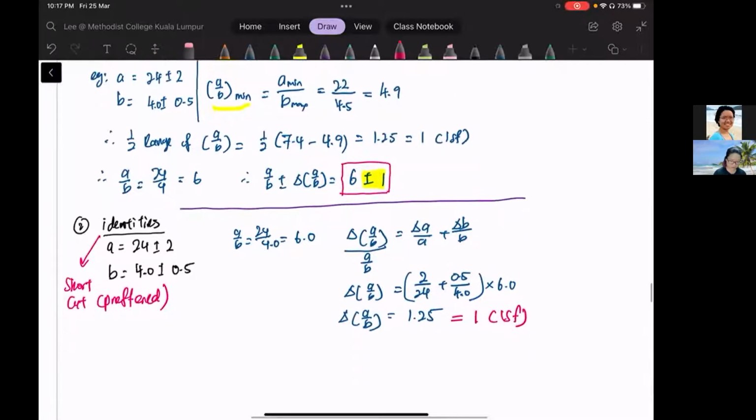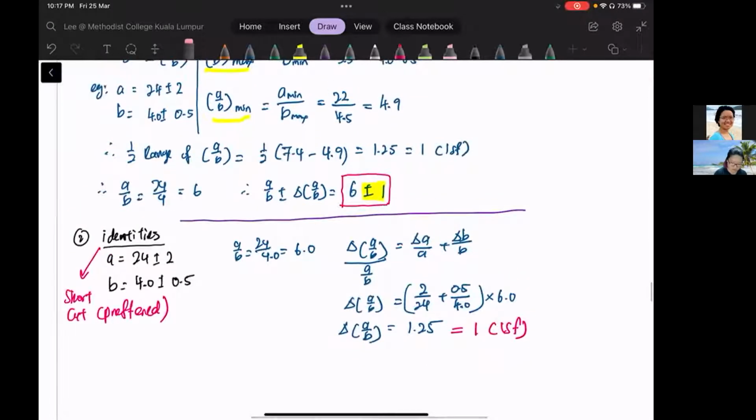Preferred, oops, spelling. Okay, this is a shortcut. So if you know the identities, that will be great. But if you don't know the identities, I will include them now for you. One sec.